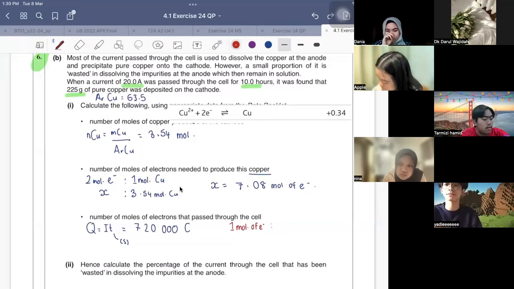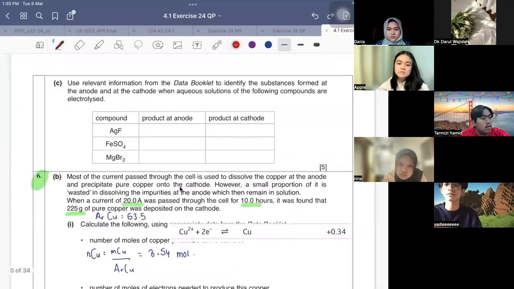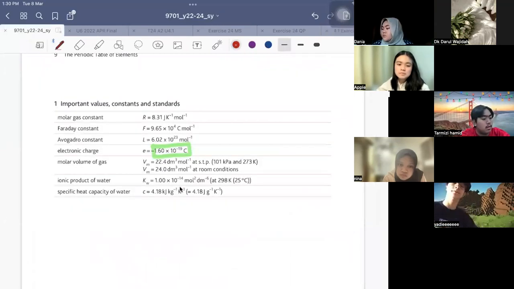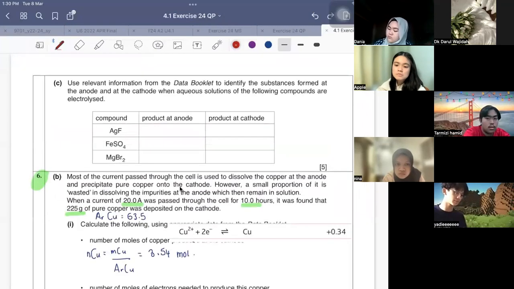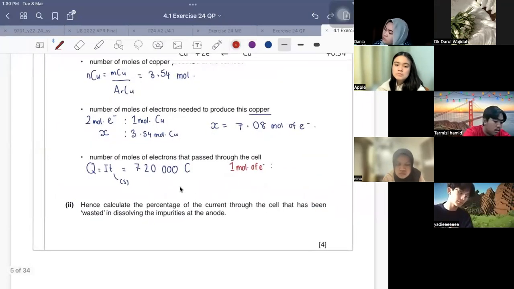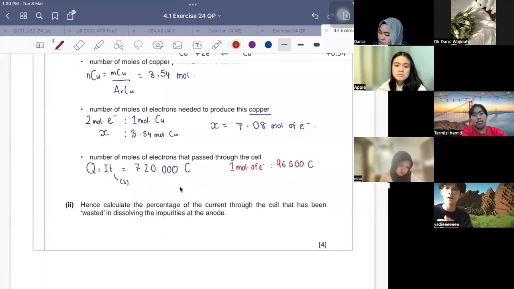How much is Faraday's constant again? Okay, 96,500. So in 1 mole of electrons, there is 96,500 coulombs.